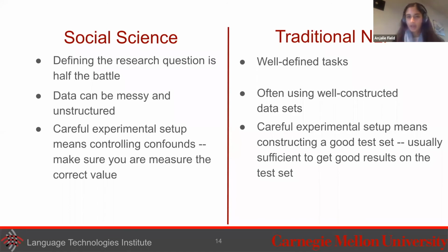While this can be important on the NLP side as well, a lot of times what we're focused on is performance on a test set, and not as much care has to go into making sure that our models are picking up on exactly the trends that we want. Of course, a lot of the work that Graham presented in the first half of this class goes more towards figuring out if the models are actually measuring the values that we want, as opposed to picking up on other things.